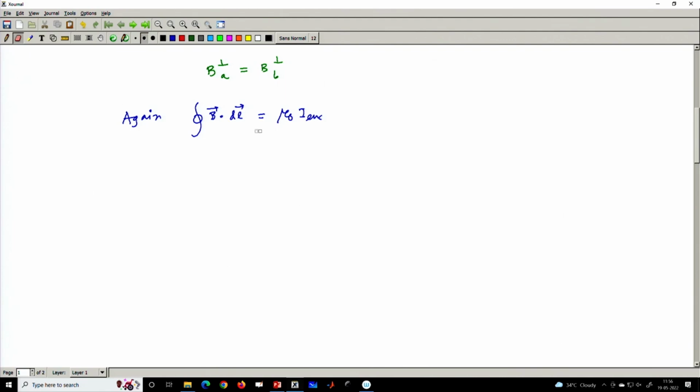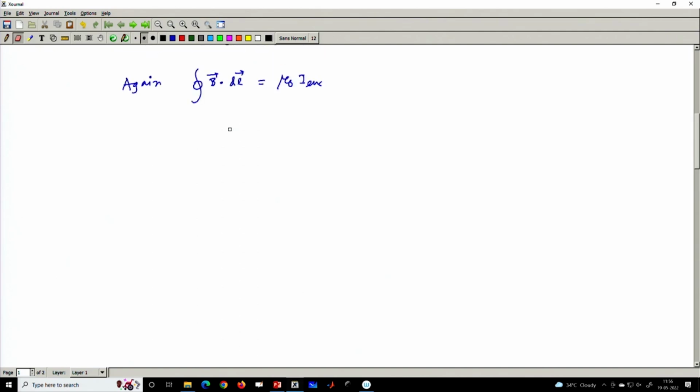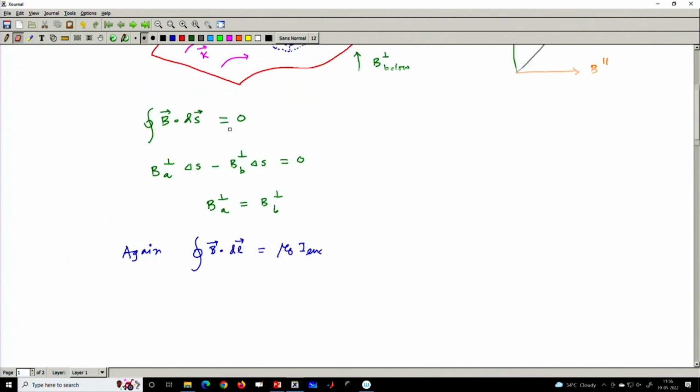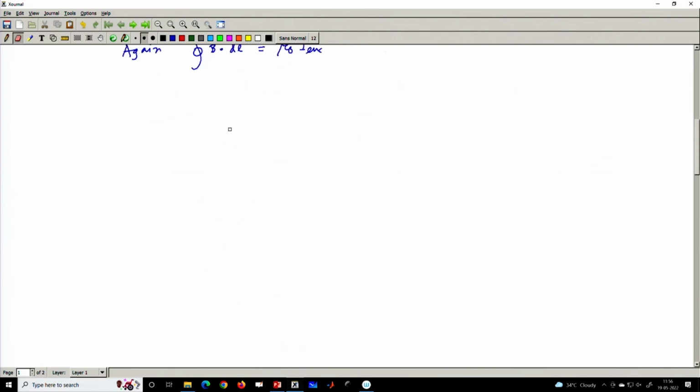This is the amount of current that is enclosed by this closed loop. So, let us now consider how to make this closed loop. Again, consider the same surface, the way we considered. Suppose this is the surface, same surface I am considering.